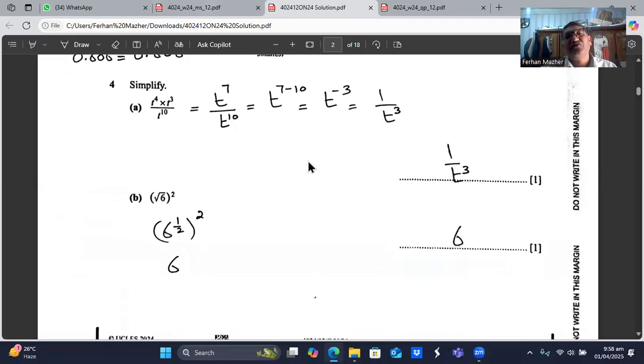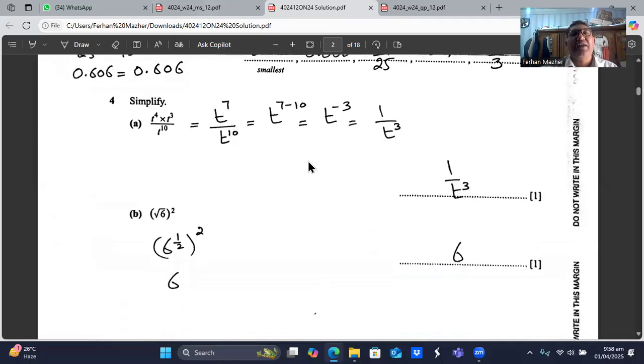And that will be equal to t raised to power 7 minus 10. And that is equal to t raised to power minus 3. Because the exponent is negative, I will bring it downstairs and the power will become positive. So we will have 1 divided by t raised to power 3.